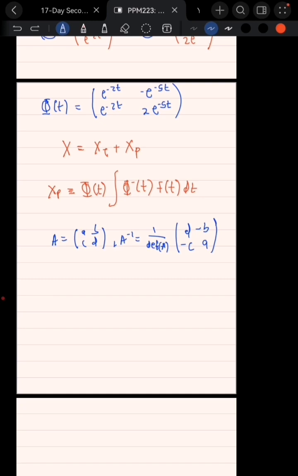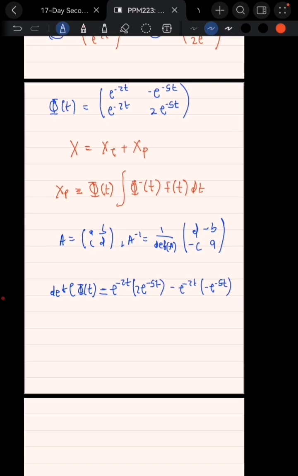Thus, we firstly need to determine the determinant of the fundamental matrix, which is equal to e to the power minus 2t multiplied by 2e to the power minus 5t, minus e to the power minus 2t multiplied by minus e to the power minus 5t.